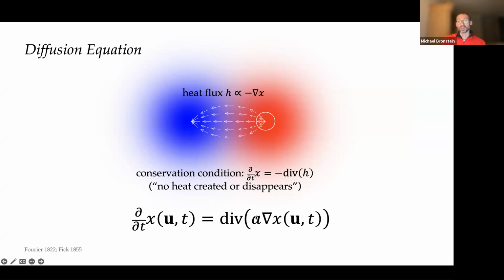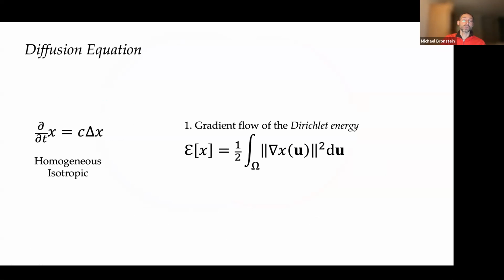On the right-hand side, we have the divergence of the gradient, and we also have the diffusivity function that I denote here by A, which models the heat conduction property of the domain. In the simplest case, we can assume that this A is constant, and then I can take it out of the equation, and I get what is called homogeneous diffusion. This is the simplest form of the diffusion equation.